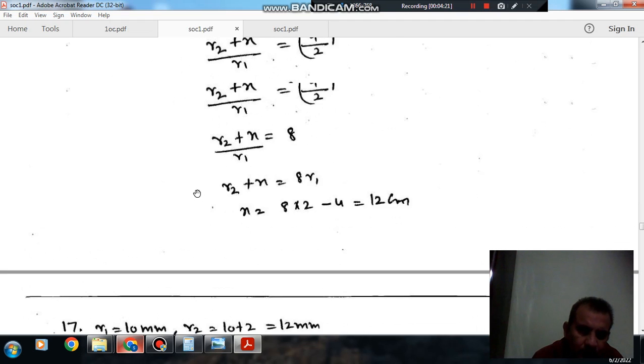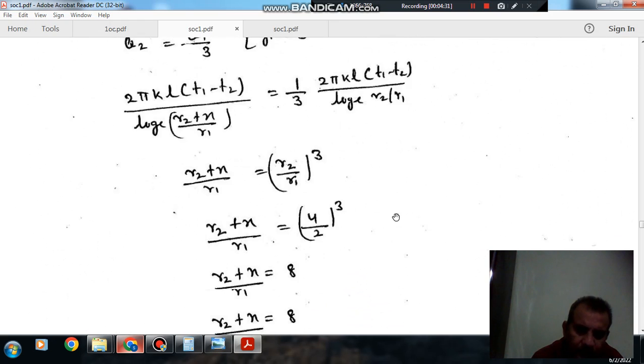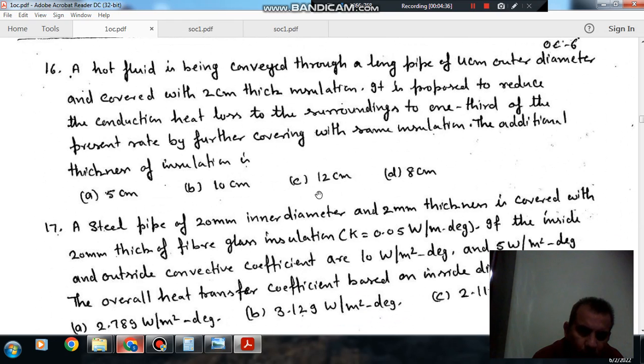So the additional thickness that is added to reduce the heat transfer by a factor of 1 by 3 will be 12 centimeter. So the answer is option C.